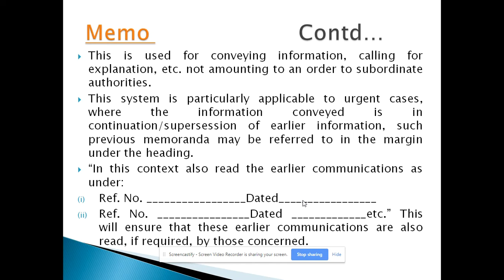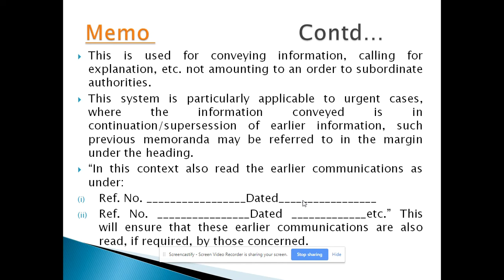This system is particularly applicable to urgent cases where the information conveyed is in continuous supersession of earlier information. Such previous memoranda may be referred to in the margin under the heading, in this context also read the earlier communication as under.